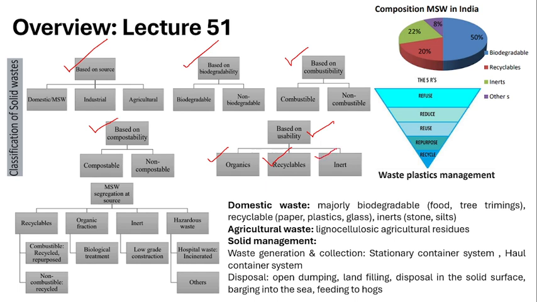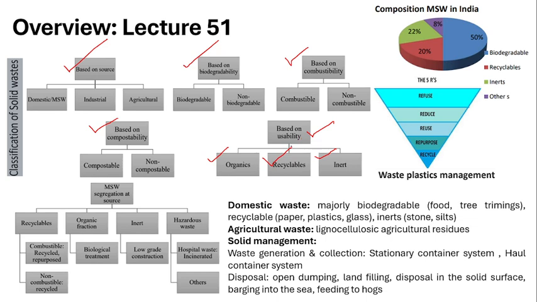Inert means the product cannot be converted into any other product; we can use it only in the same form because it is inert in nature and cannot change its nature. So these are the different classifications of solid wastes: based on source, biodegradability, combustibility, compostability, and usability. We are categorizing the solid wastes into these many types.